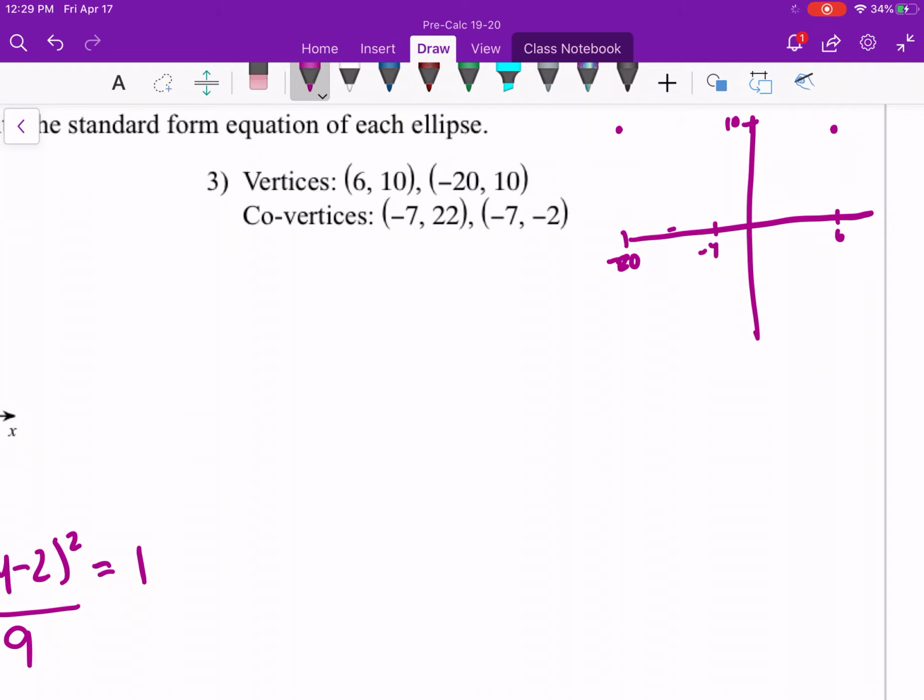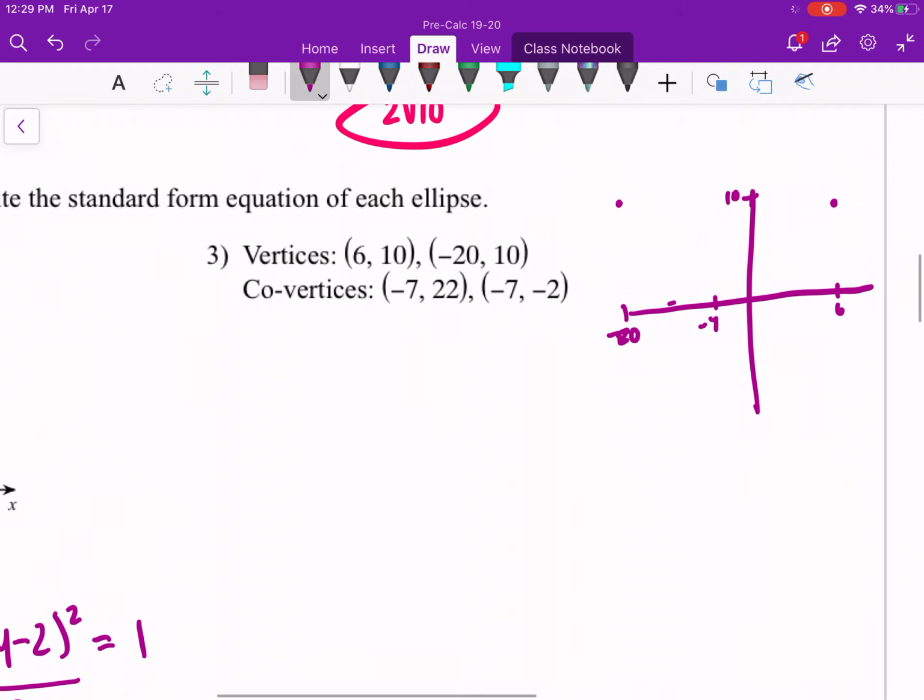And then 20, oh gosh, 22 up. Dang, that's really high up. Negative 20, or at 22 up, and negative 2. So, bam and bam.